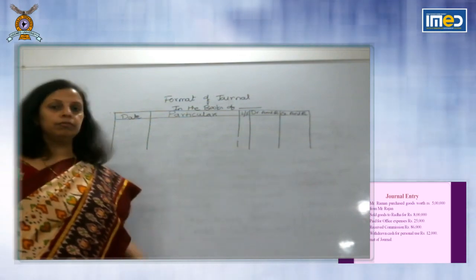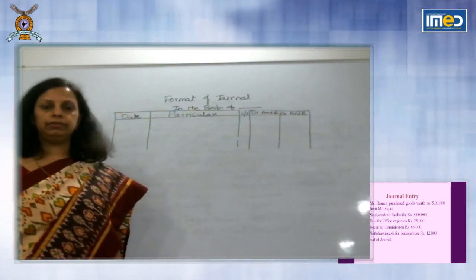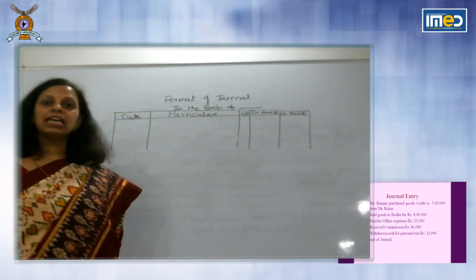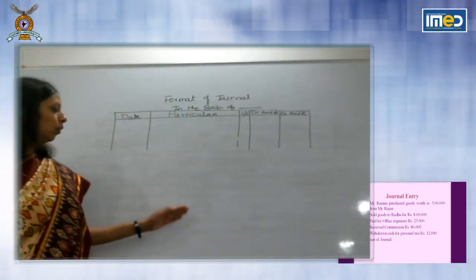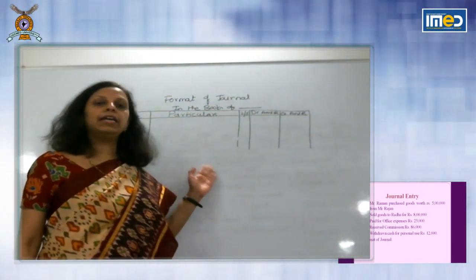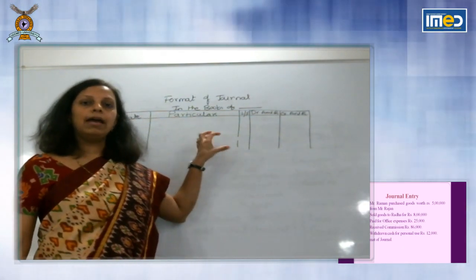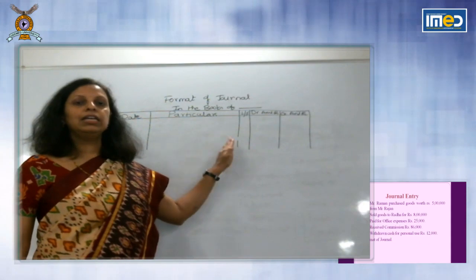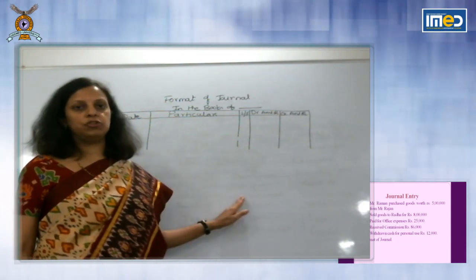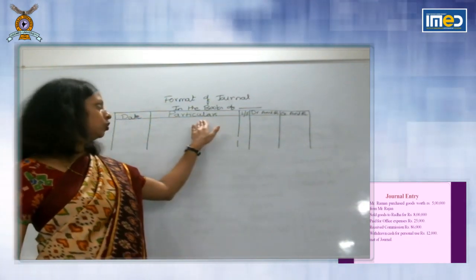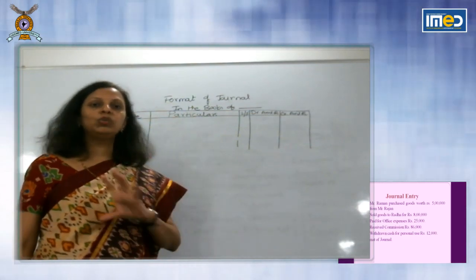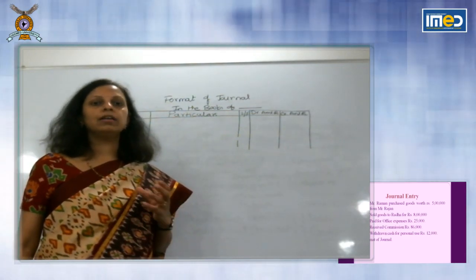Now LF. What is the meaning of LF? LF means ledger folio. Now after journal, the next book is ledger. So every journal entry is posted to ledger. Suppose this journal will be posted in 2 accounts as 2 accounts are involved.